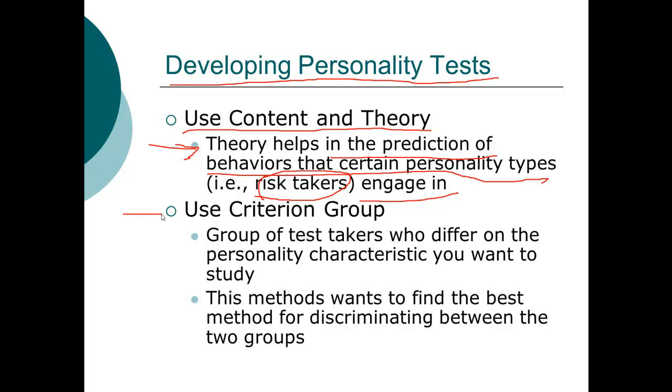And the second point here in this slide is to use criterion groups. You get a group of test takers who differ on the personality characteristic you want to study.